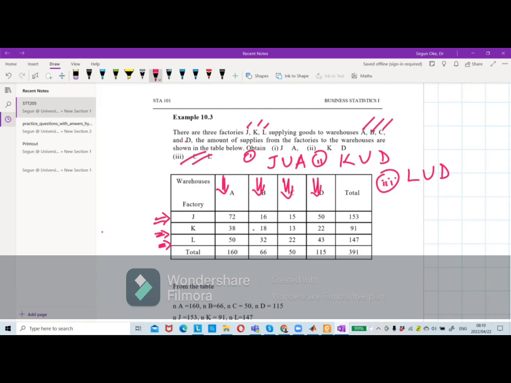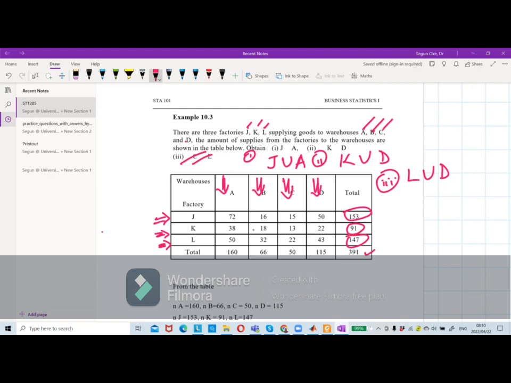vertical, and horizontally we have this 153 for J factory, and for K factory we have 91. Then for L we have 147.